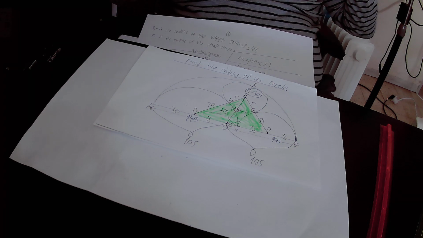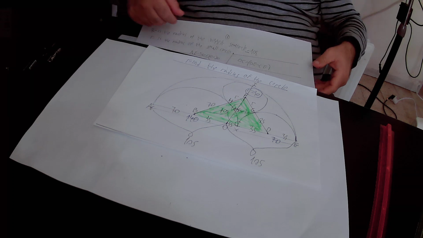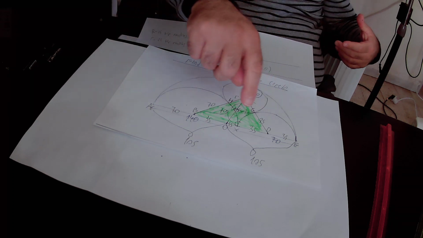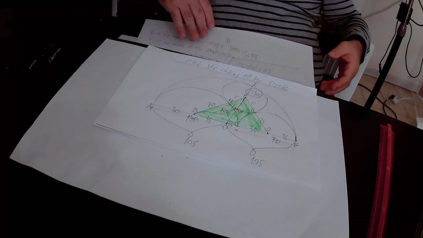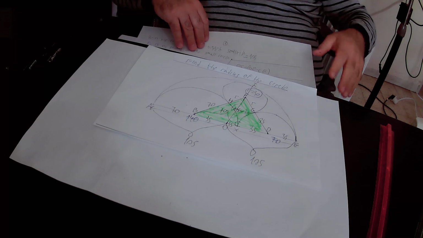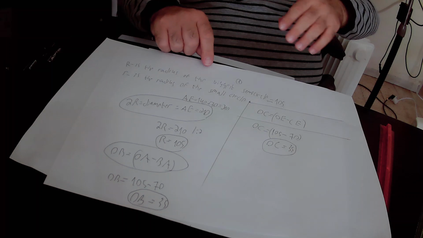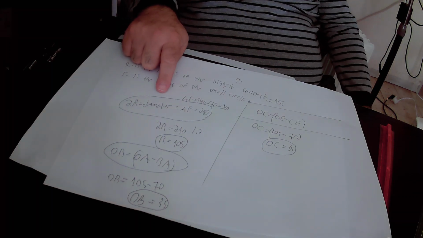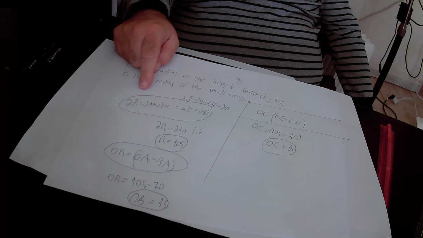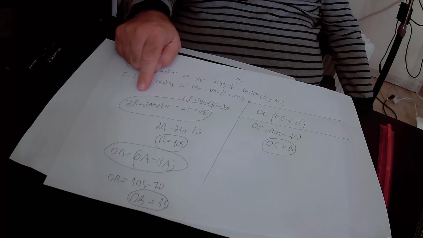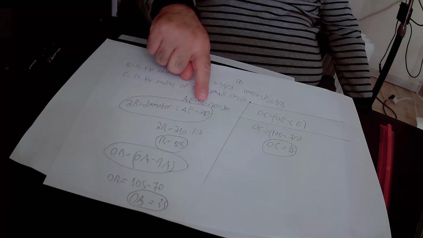We know that the diameter of any circle or semicircle is twice as long as the radius. Because the radius of the biggest semicircle is defined as capital R, the diameter must be equal to 2 times capital R. So 2 times capital R equals the diameter AE, which equals 210.